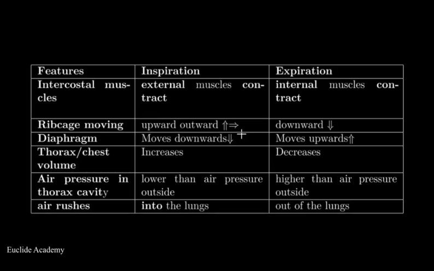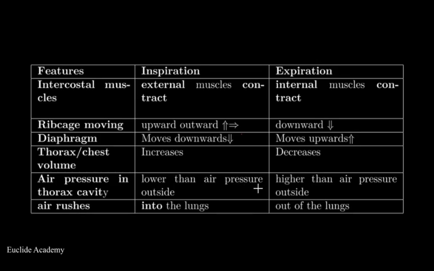That will be helpful. The rib cage movement moves upwards and outward for inspiration, and for expiration it moves downwards. The diaphragm moves downwards for inspiration and upwards for expiration. The thorax, also known as the chest volume, increases for inspiration and decreases for expiration.